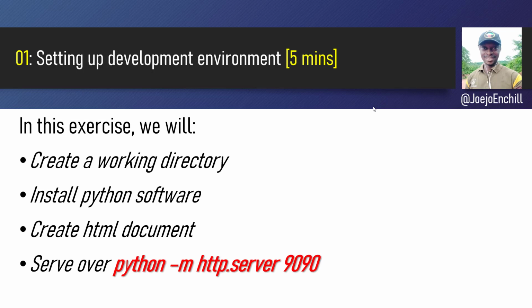So the command to create a local server using the Python runtime is python -m. That is calling a module in Python. python -m http.server, and then you leave a space, then you type a numerical value.